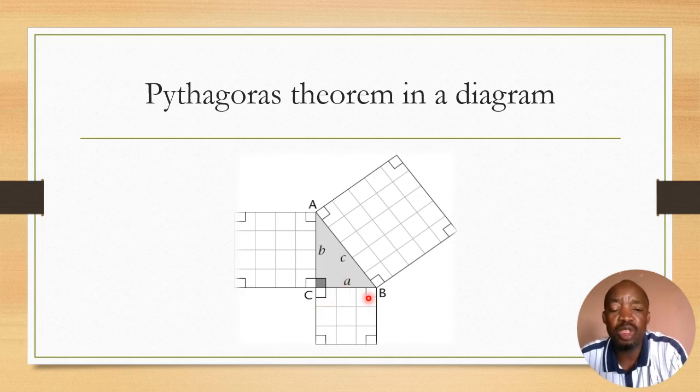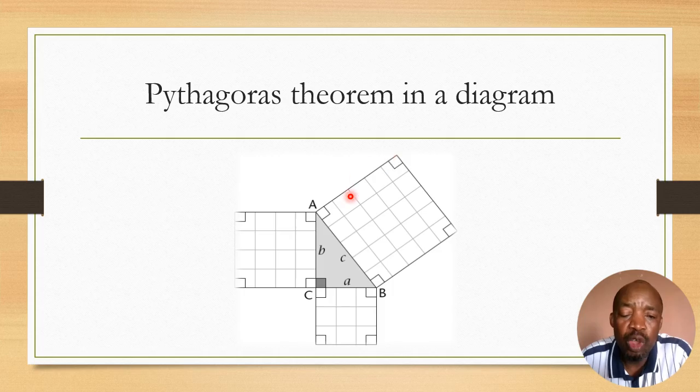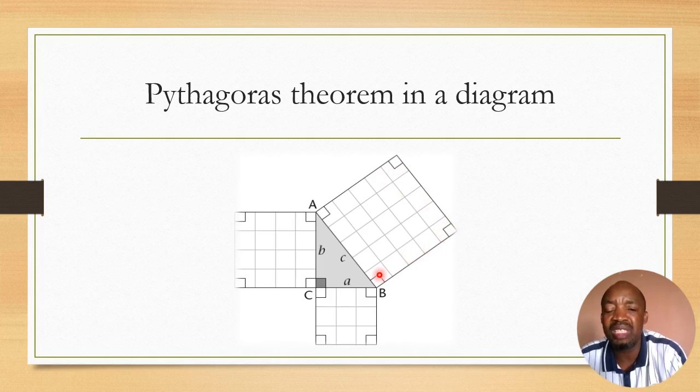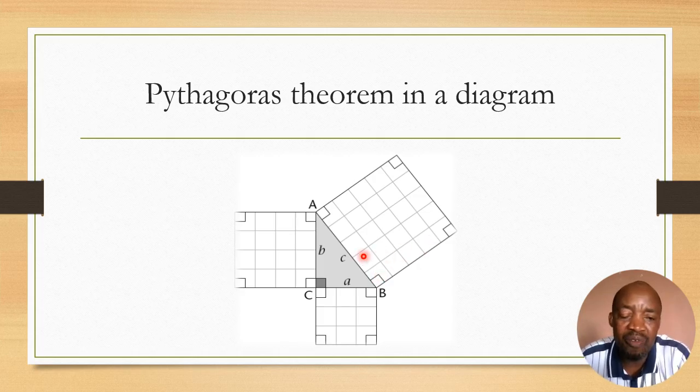Now remember what the theorem says. Those small squares together must be equal to the sum of those small squares here and there. Let's count them here. 1, 2, 3, 4, 5. 1, 2, 3, 4, 5. It's a 5 by 5 square, which is 25.